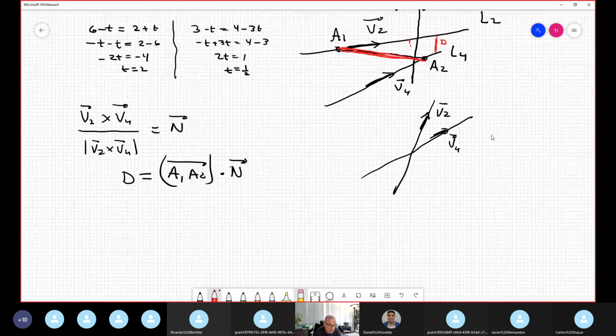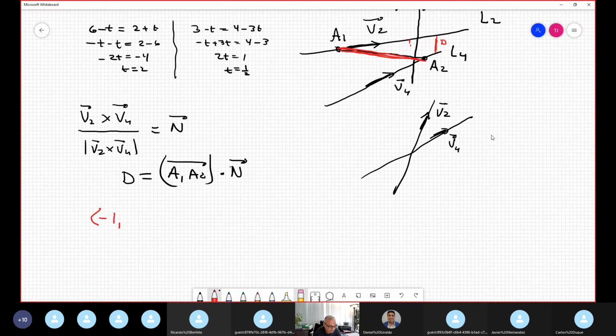So the basic arithmetic: B2 is the vector <2, -1, -1>, cross product, the vector B4, which is the vector <1, -3, 2>, divided by the magnitude of this vector.